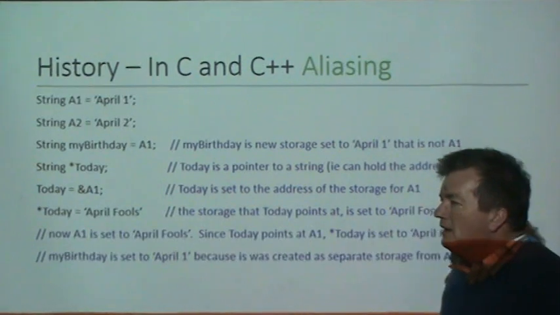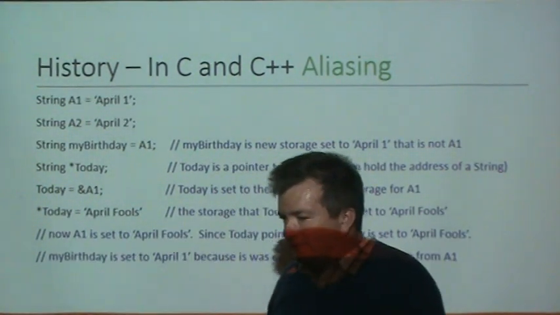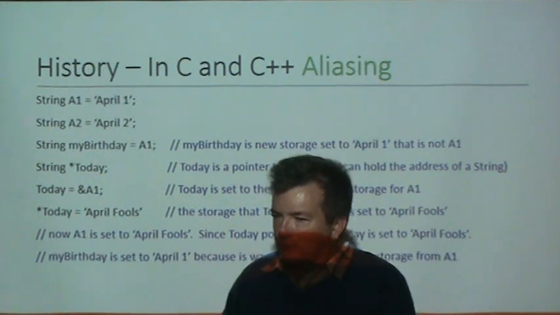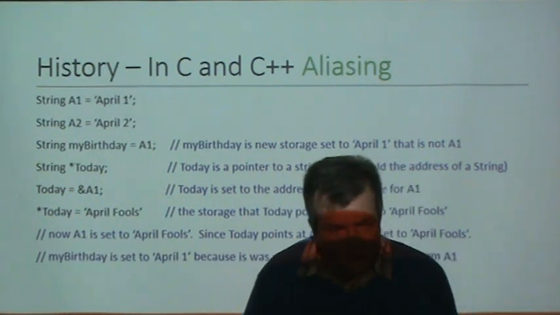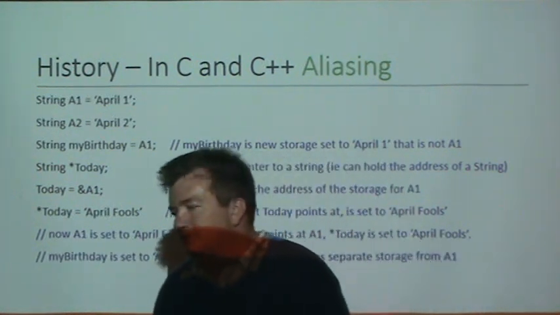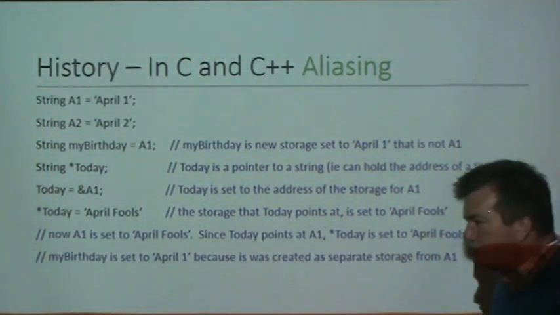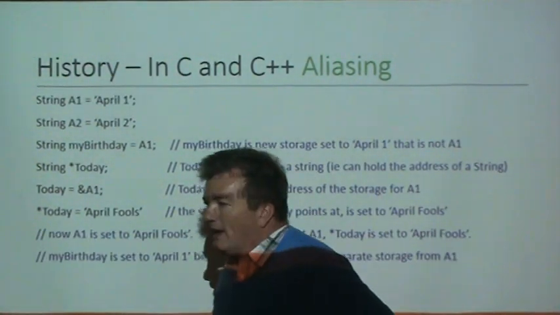That seems intuitive. Why are they using aliasing? And if B equals A, then B refers to the same piece of storage that A has. And sometimes if you change A, B gets changed, and sometimes if you change A, B doesn't get changed. It depends on how you change it. Why do we have all this nonsense?